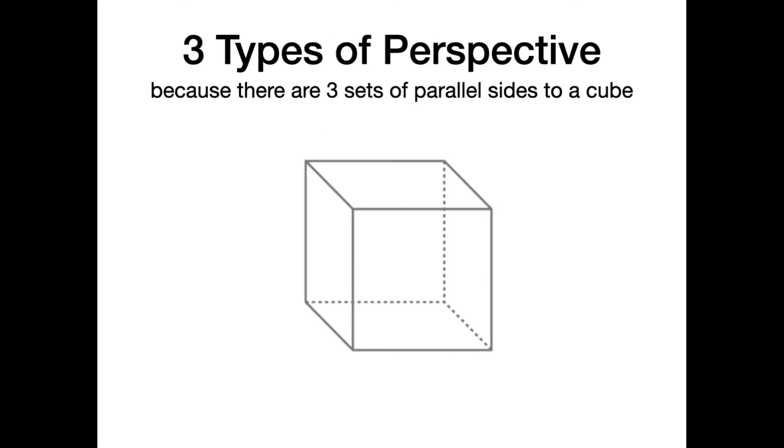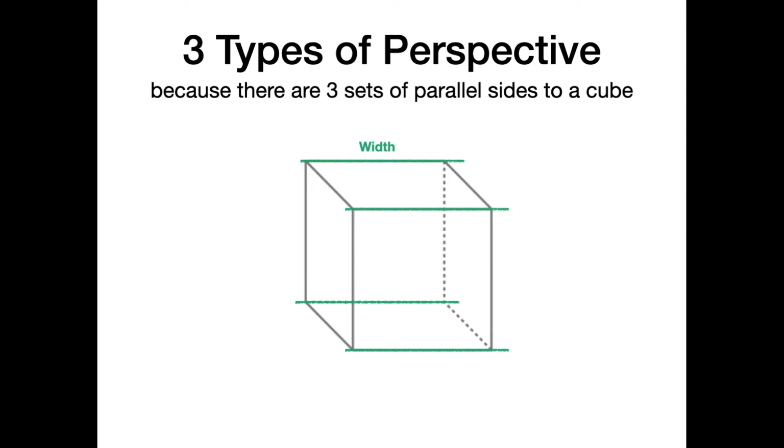As I mentioned, there are 3 types of perspective, and that all comes down to the cube. The cube is comprised of 3 sets of parallel sides. We also better know these as the width, the length, and the height. All edges along the width of the cube are parallel to each other.